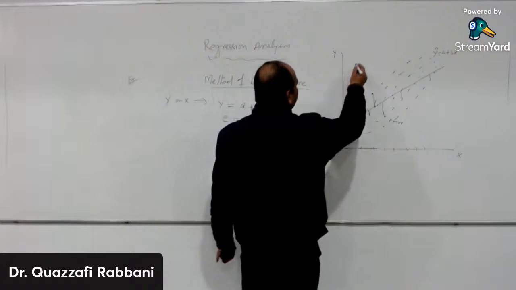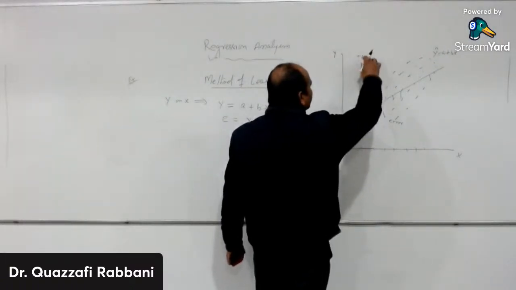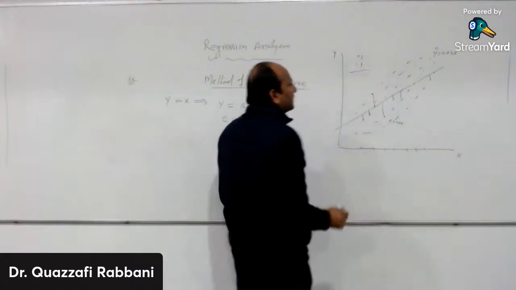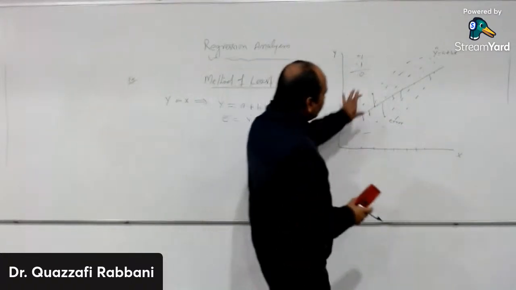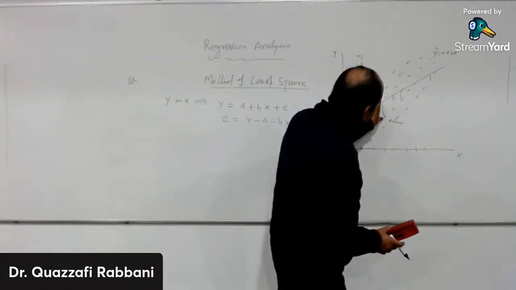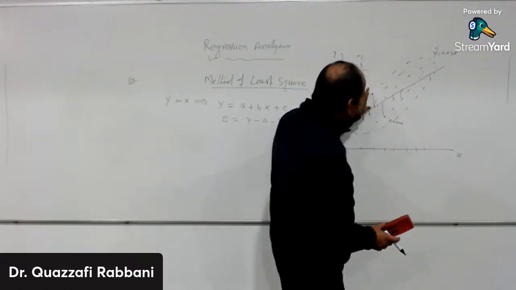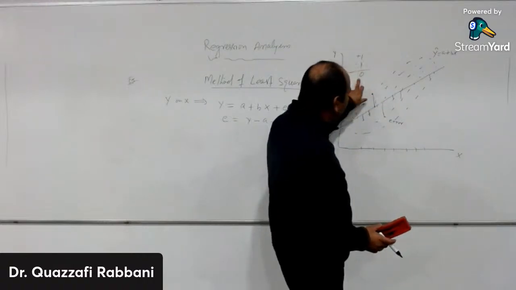Because some error will be plus 1, some error will be minus 1. If you total this, it will be 0, but the difference is not 0, because this difference is minus 1 and this difference is plus 1. So if you just add the total difference, it will give you 0.